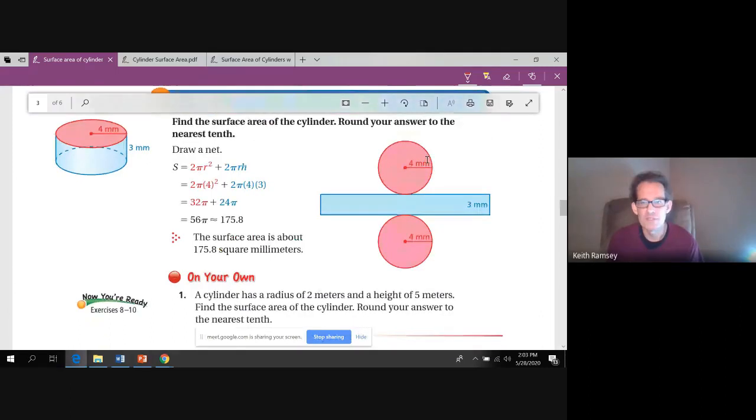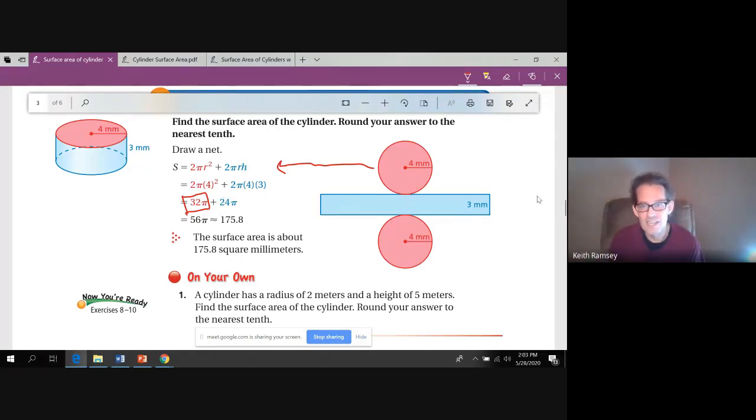So in this example here, you can see that they're simplifying it over here. If the radius was 4, radius squared would be 4 times 4, or 16, times 2. 16 times 2 is 32. So this right here is the 2 bases. And then the lateral surface is 2 times pi times the radius times the height.